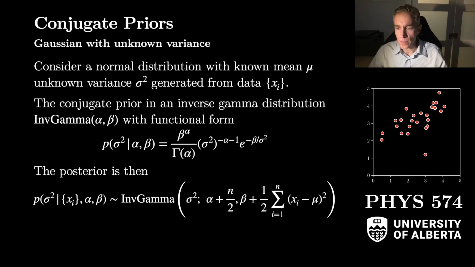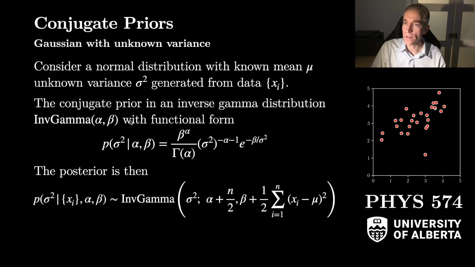So the final case we can consider is what happens if we have a Gaussian function with an unknown variance. And in this case, we assume a conjugate prior distribution from an inverse gamma distribution. And so we note that as inverse gamma, alpha, beta as the hyperparameters.